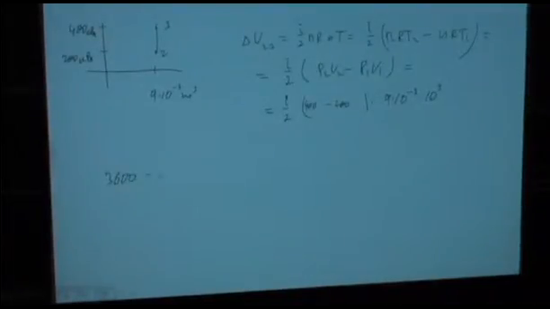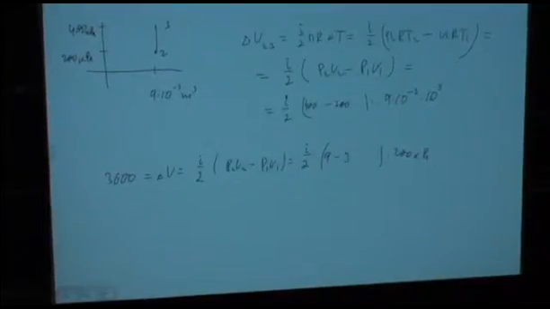3,600 joules, that was the change in the internal energy, which also has to be equal to I over 2 P2 V2 minus P1 V1. That should be equal to I over 2 times, now the pressure is the same, a common factor, so 200 kilopascals, and on the other hand, that should be equal to 9 minus 3 liters.